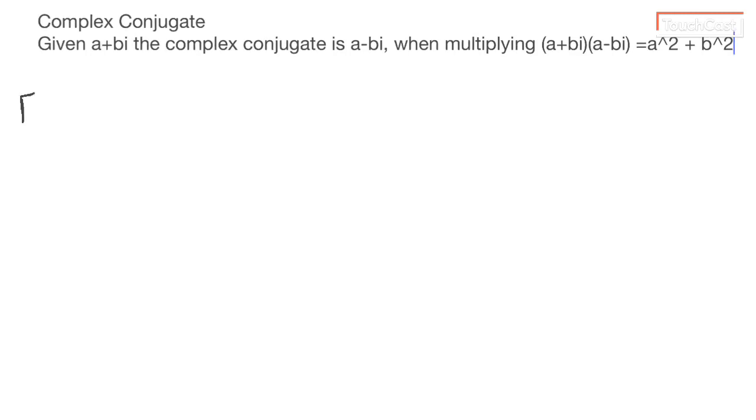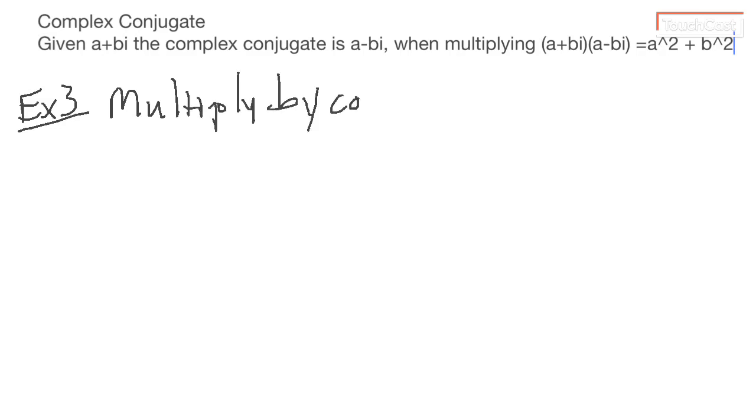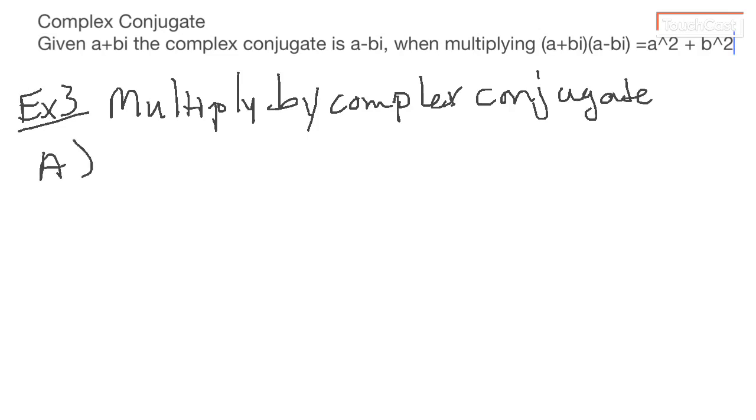So example 3. We're going to multiply by complex conjugate. And we're just going to do 2 of these. We're going to take 1 plus i and multiply it by its complex conjugate.